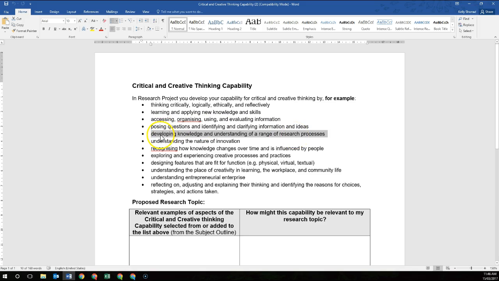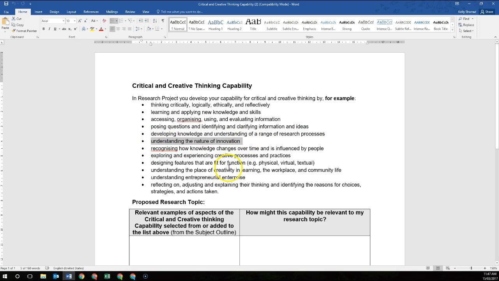So you might develop your knowledge and understanding of research processes such as interviews by learning how to design questions that are both detailed and allow you to get the information that you require. You might be developing your ability to understand how to extract information from YouTube videos. You just need to explain how you're going to develop knowledge and understanding of that research process.